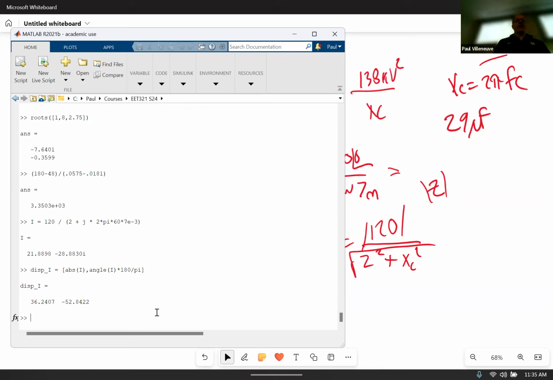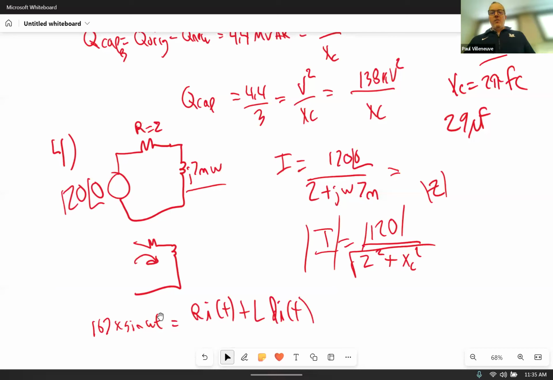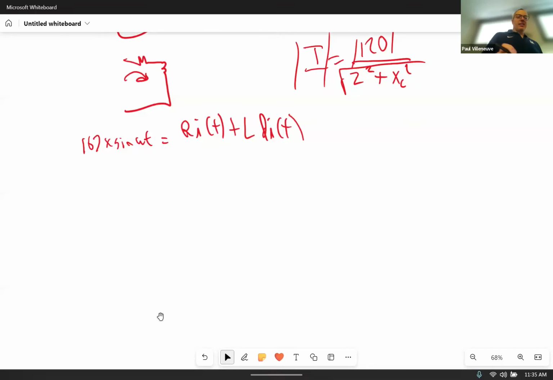I know your TI-89s can do it. I don't know, that's an 84. You can't do complex numbers in 84s like that? You can't do the angle, it displays it as magnitude e to the j, and then whatever your angle is. So what one of your classmates said is that it displays it as e to the j angle. I believe so. It's been a minute.